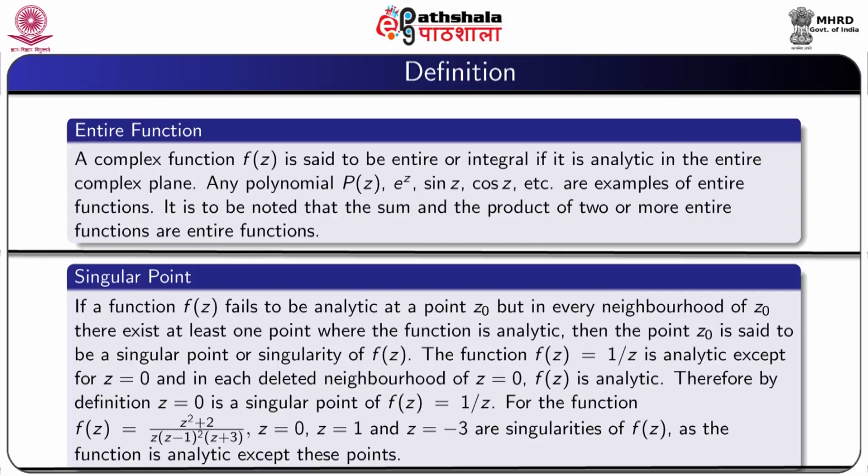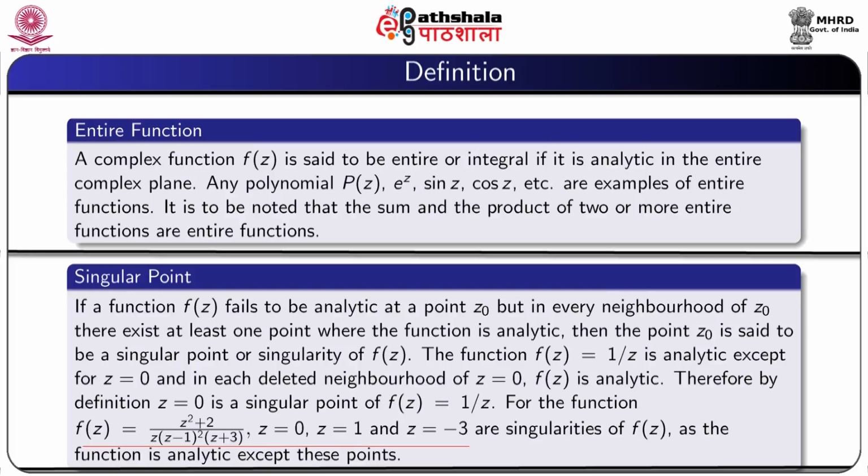As for example, the function f(z) equal to 1 by z is analytic except for z equal to 0, and in each deleted neighborhood of z equal to 0, the function f(z) is analytic. Therefore, by definition of singular point, z equal to 0 is a singular point of f(z) equal to 1 by z.